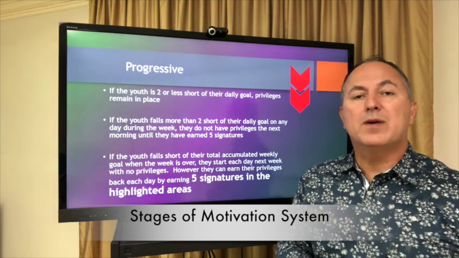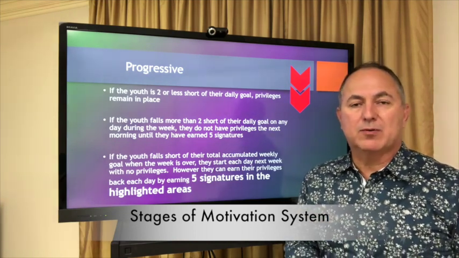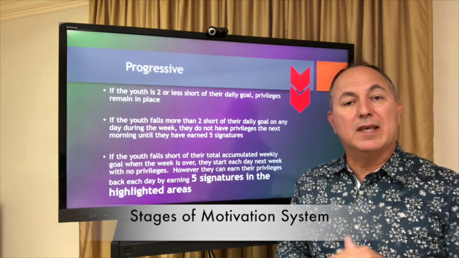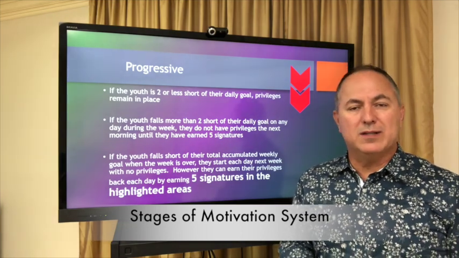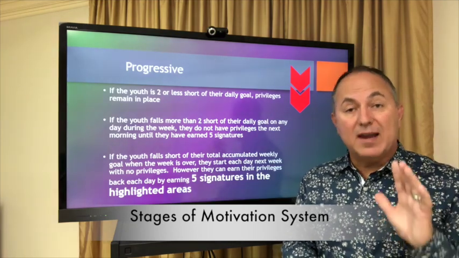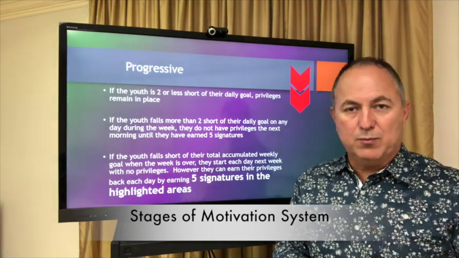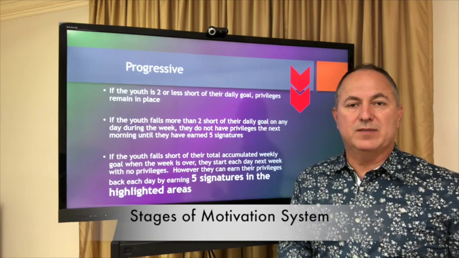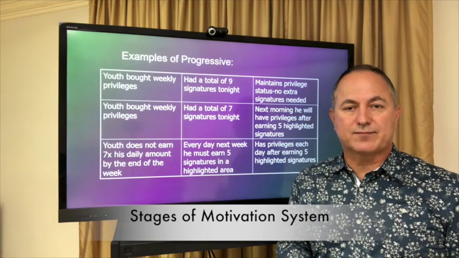However, there's also a weekly element: if they're short any number of signatures on their weekly goal, the following week that youth is going to have 5 highlights every day before they can earn their privileges for that entire week. So it's a little different in that system.